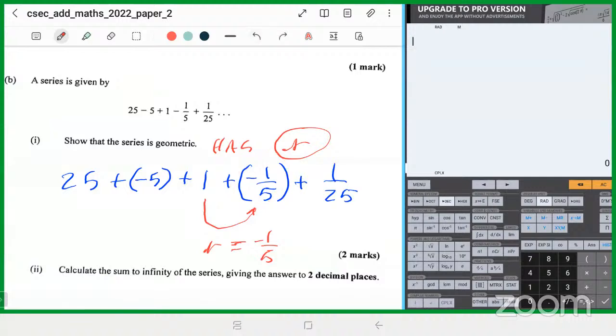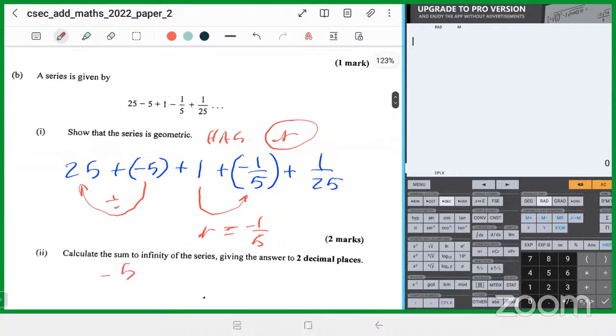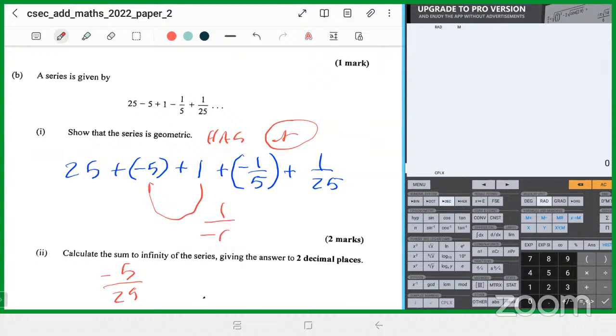But generally speaking, the values are not so glaring, like a value of 1 as a term. Then it's a term divided by the preceding term. So it's minus 5/25, I cancel it. Or I can use this one divided by that one, which is 1/-5.